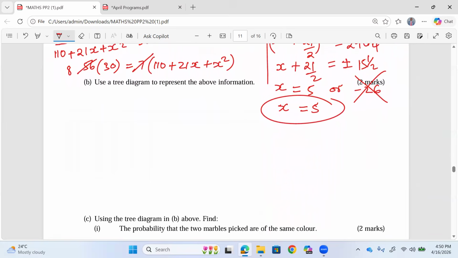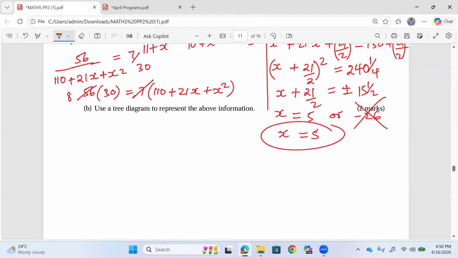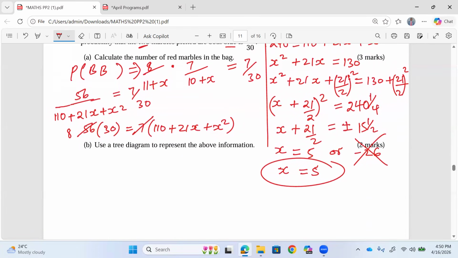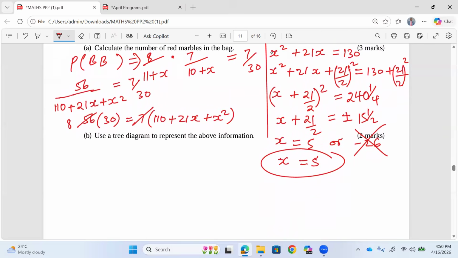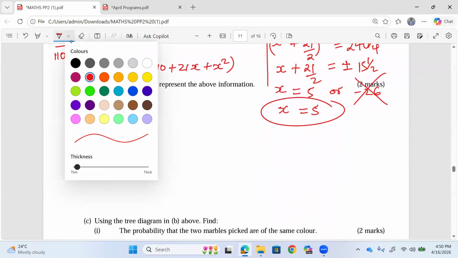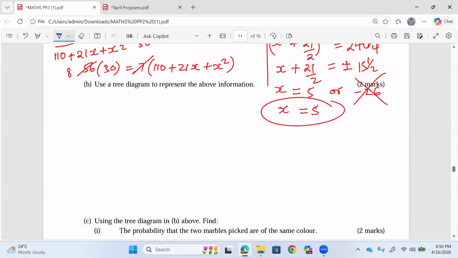We got a part B of this, whereby now we are using a tree diagram to represent the information. So now reds are 5. So in the first picking, we have 3 options. Let me change this color. The first picking, we can pick any of the 3 colors.